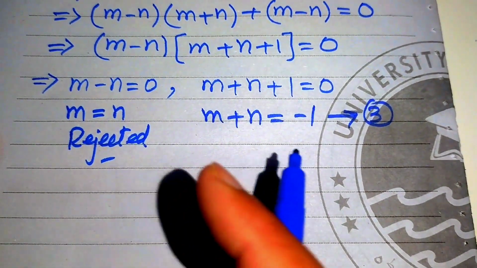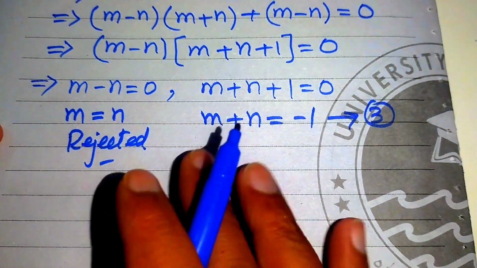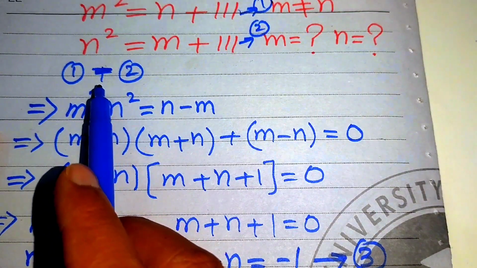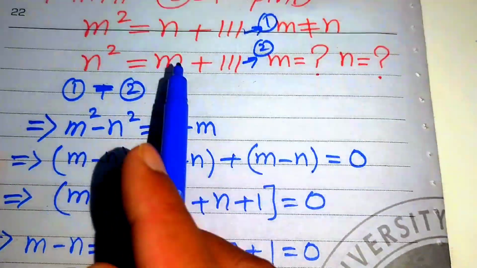In the next step, having subtracted equation number 1 and 2, we now add equation number 1 and equation number 2.